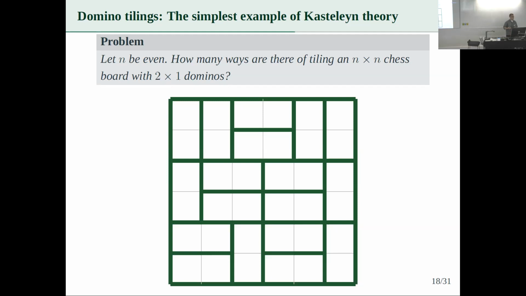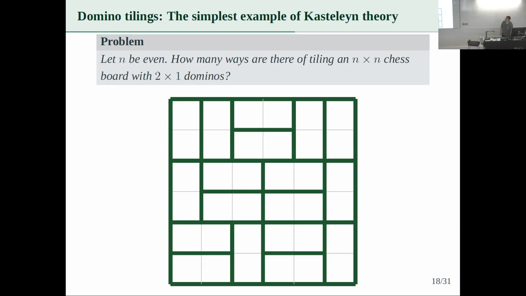So it can be covered by these 2 by 1 dominoes. A simple question to ask is, how many different ways are there of tiling this n by n chessboard with 2 by 1 dominoes? Again, if you get pen and paper out and try and look for some sort of pattern, perhaps by induction on the size of the chessboard, it just seems impossible.